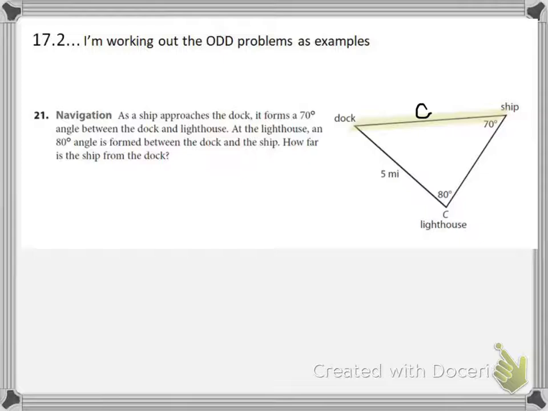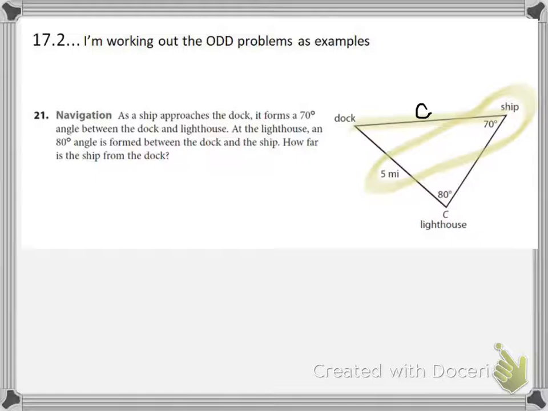So, in order to be able to use this law of sines, I have to know an angle and a side that are opposite from each other. I'm going to say 80 and c. I don't know both of those. I'm going to say, I don't know, this or this, so they're really not helping me. But I do know those two.